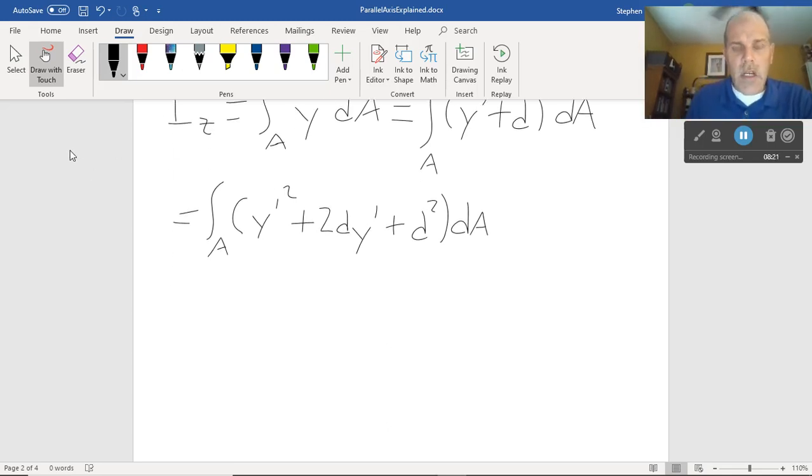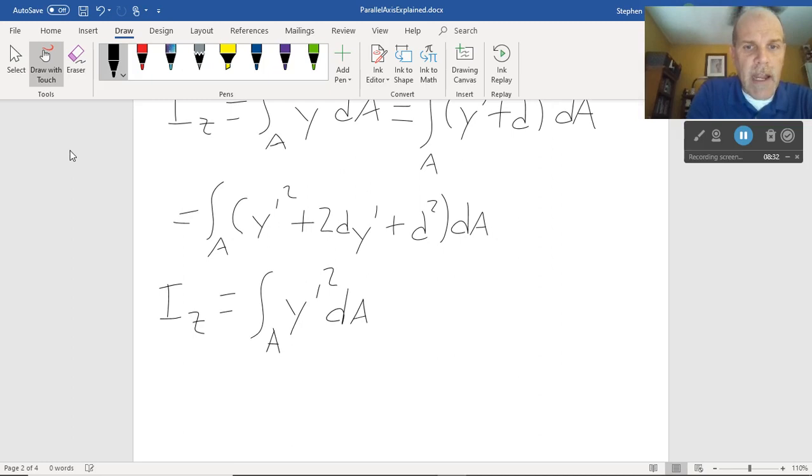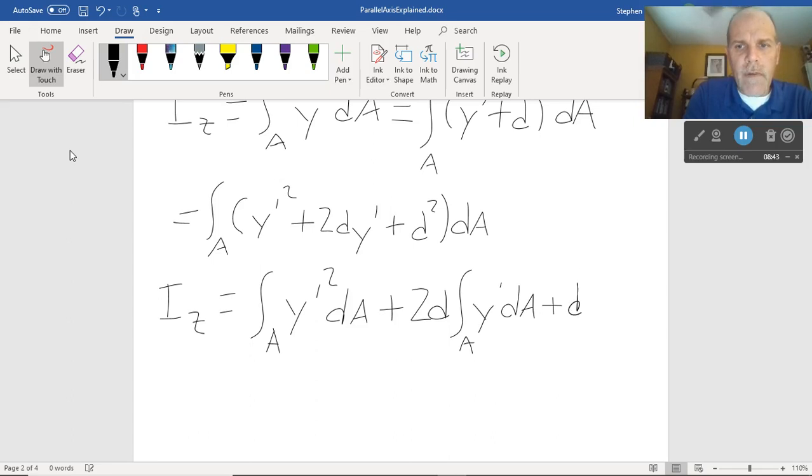Okay. And math says that I can have this split up into its parts. I can take the y prime squared by itself, multiply by dA, add in, well, I'm not going to even put the 2d inside the integral anymore, right? 2d integral of the area y prime dA plus d squared integral over the area of just dA.